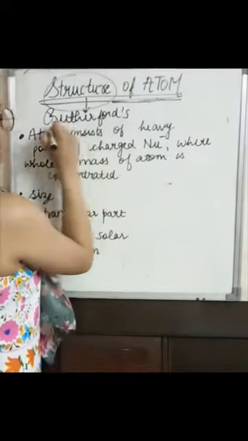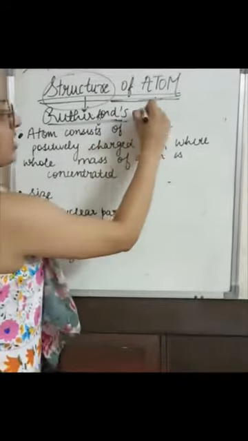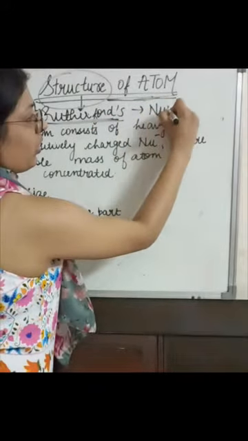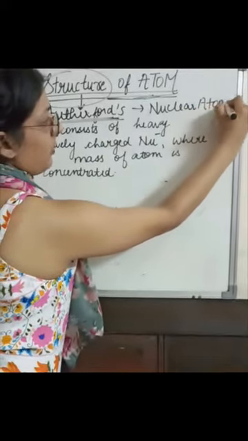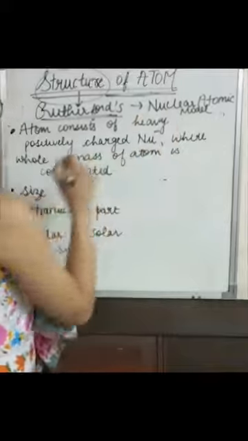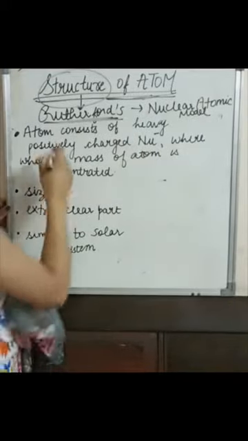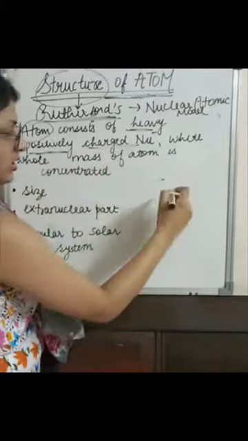Rutherford's model. His model was also known as the nuclear atomic model. Now Rutherford explained that the atom consists of a heavy positively charged nucleus.